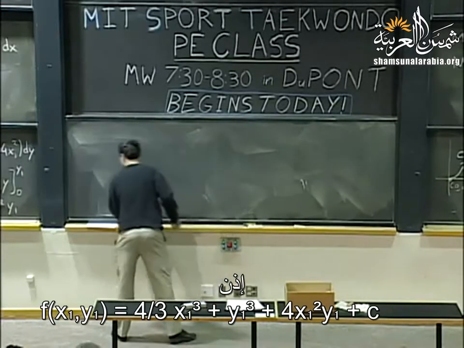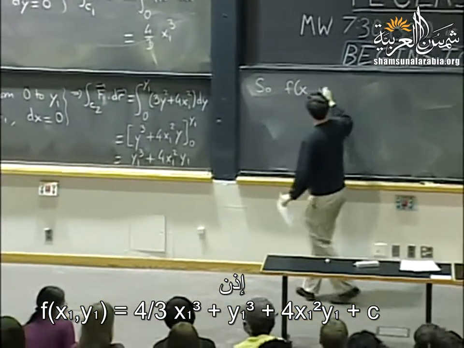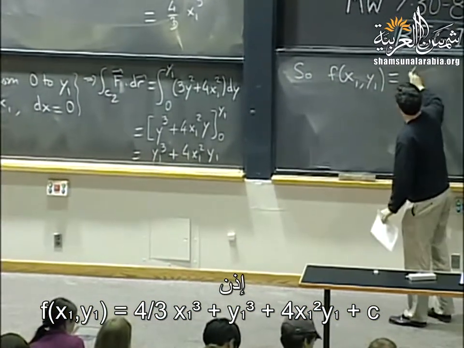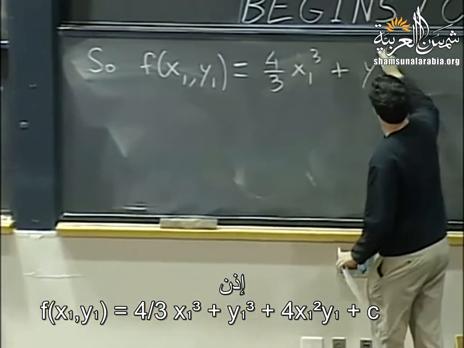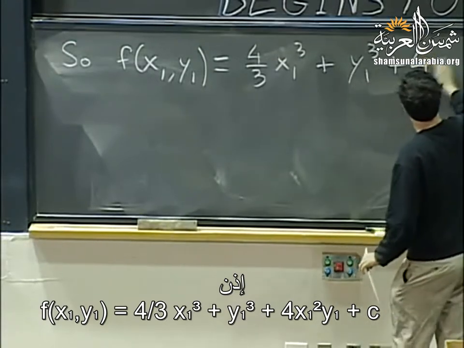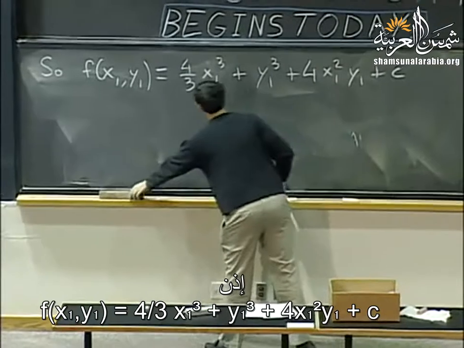Okay, so f of x1 and y1 is 4/3 x1 cubed plus y1 cubed plus 4x1 squared y1 plus a constant.